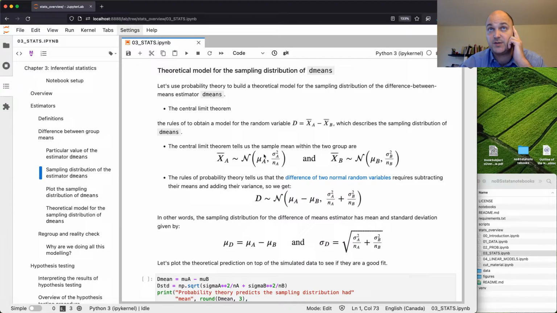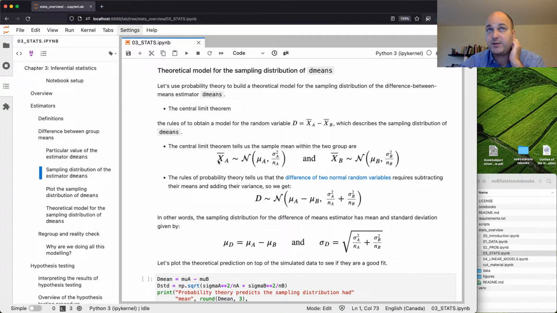The first step is to observe that the sample mean of any distribution XA, the average of the sample, has a mean equal to the population mean, and remember, the central limit theorem tells you that for the sample mean there's a square root of n in the standard deviation. So in the variance it's 1 over n. So we have this expression. We know the means are normally distributed with these variances.